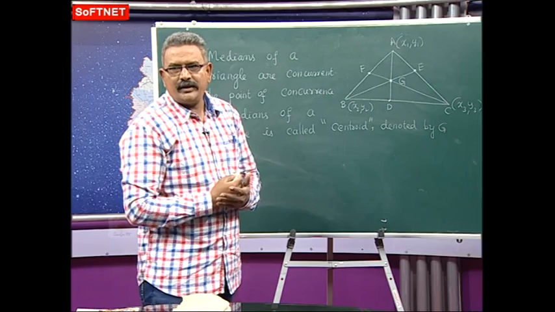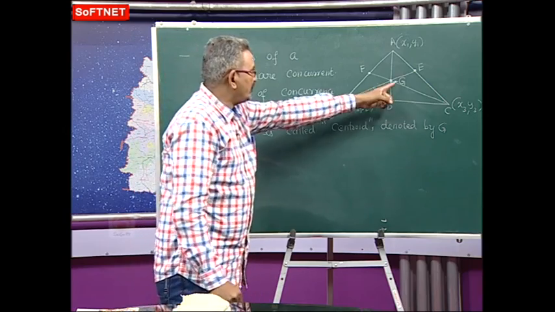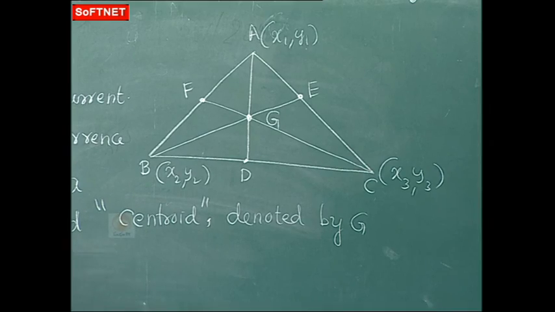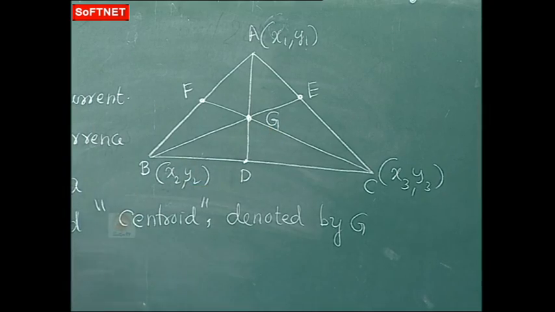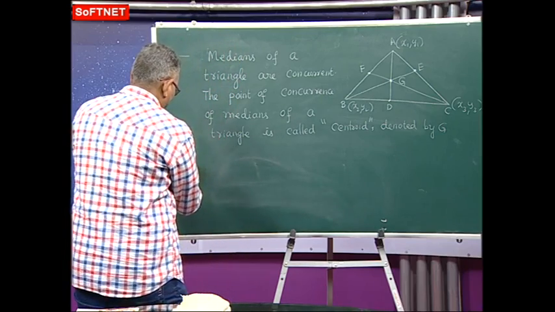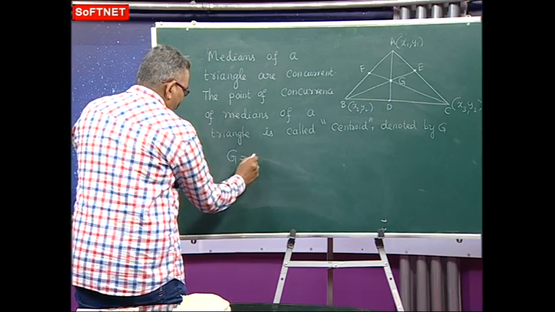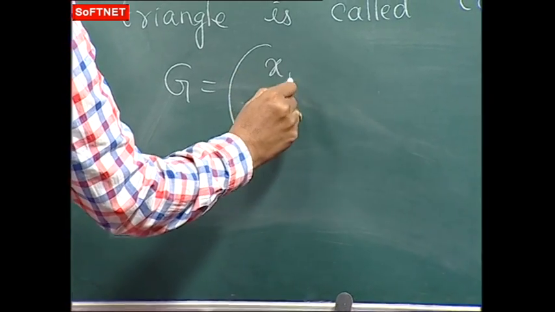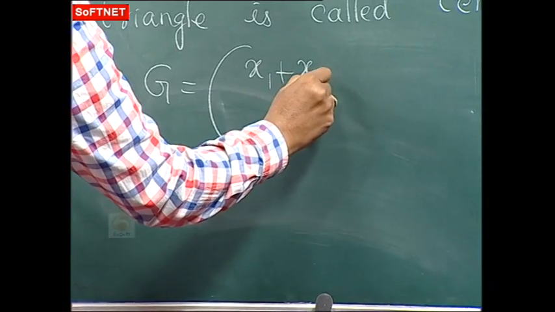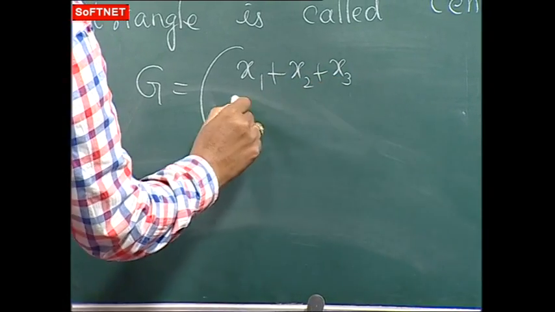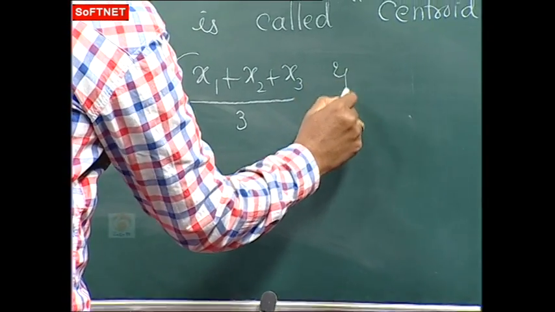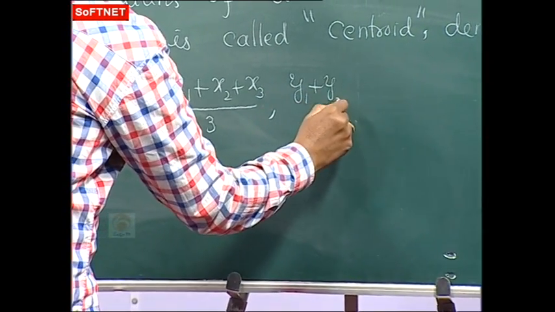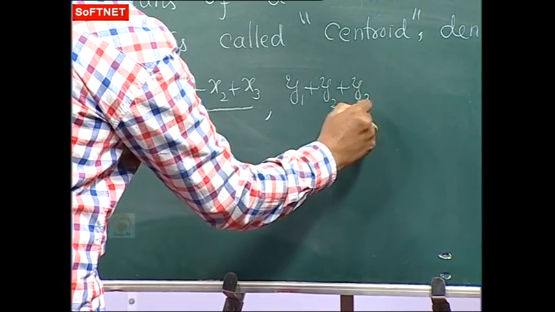Now let us find out the coordinates of the centroid G. The coordinates of the centroid G are given by the formula G is equal to x1 plus x2 plus x3 by 3, next y1 plus y2 plus y3 by 3.